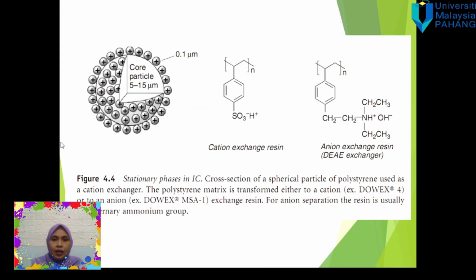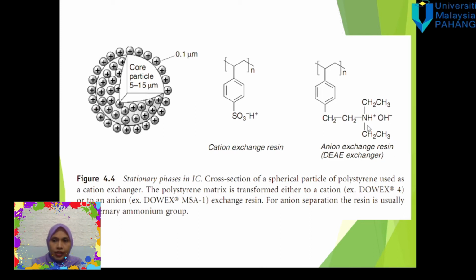And this is what the cross section of the IC stationary phase looks like. If you can see, the cation exchange resin uses sulfonate. And for the anion, we can see the polystyrene for the anion exchange resin has an amine group and a quaternary ammonium group.